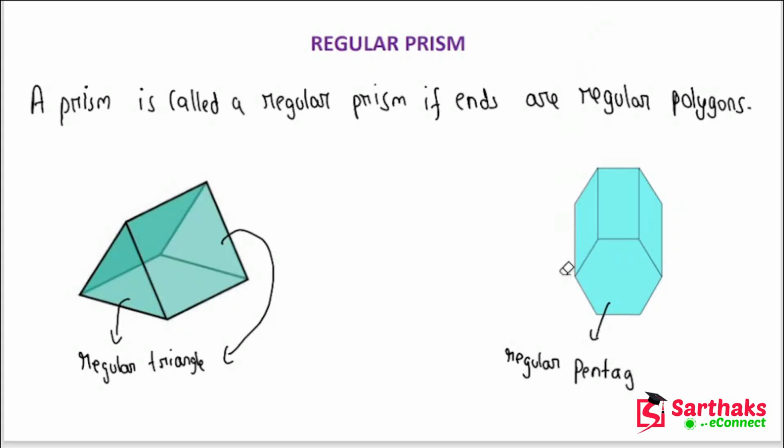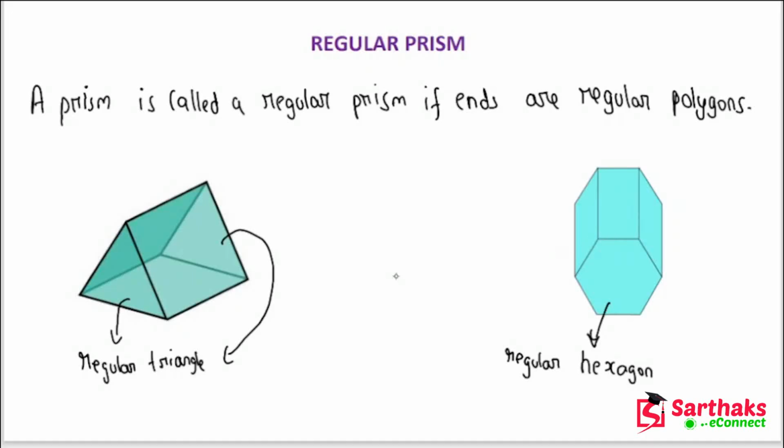This is a hexagon, so it is a regular hexagonal prism, right? There are 6 sides, so it would be a regular hexagon. Regular hexagon means all the 6 sides must be equal. So if the ends are regular, then the prism would be regular only.